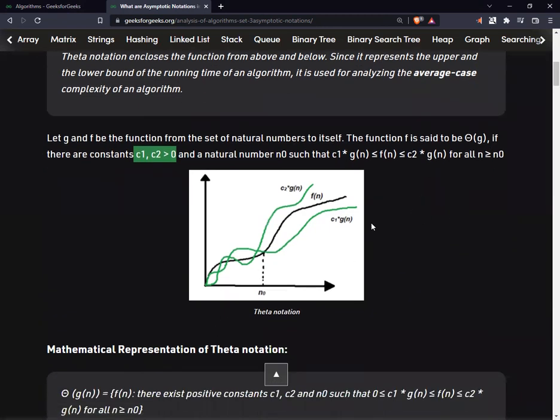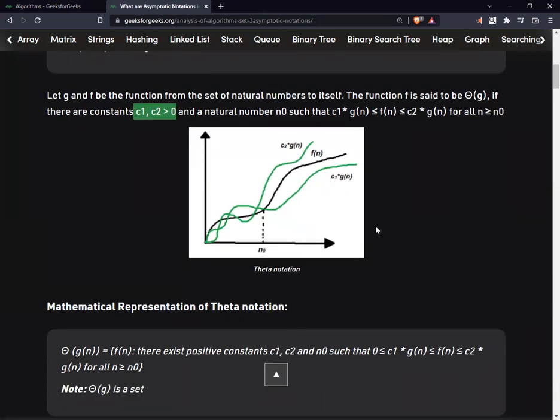So this is the graph that we have to draw. In this graph, you can see we are looking from n0. That's our new point. After this point, f of n will stay between C1 g of n and C2 g of n. C1 and C2 are two constants, so f of n will stay between them.